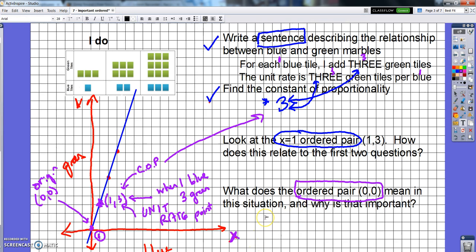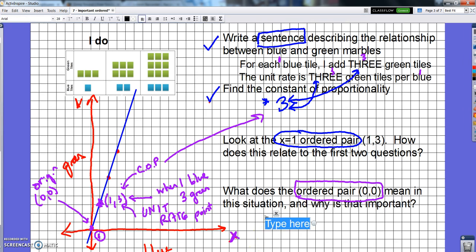The answer to that is, that means if 0 blue tiles, 0 green tiles. That's all that means. And that has to be included for a proportional relationship. It's not enough for a proportional relationship.